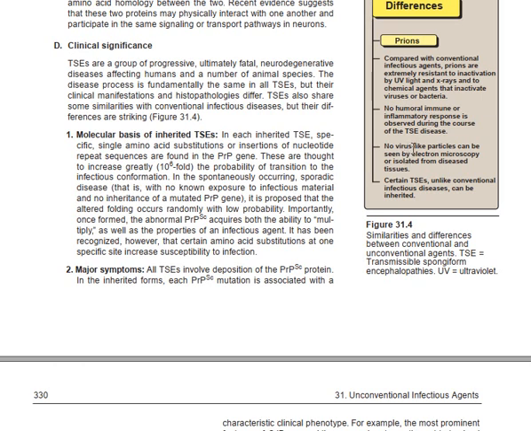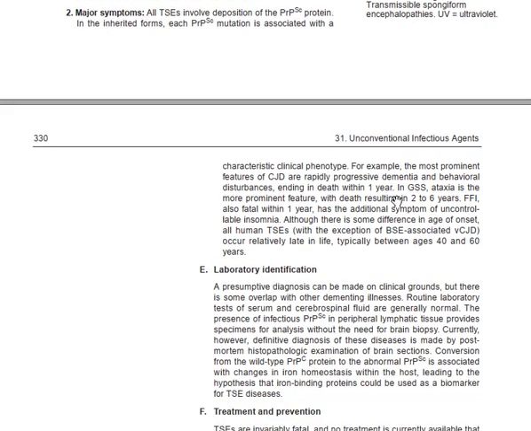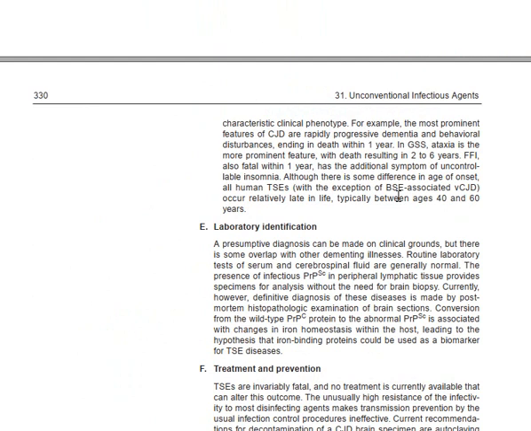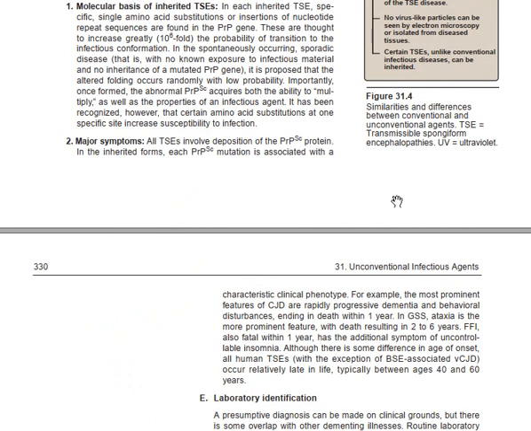No virus-like particles can be seen by electron microscopy in isolated tissue to visualize prions, and unlike conventional infectious diseases, prion diseases can be inherited. Is it clear? So those are the different diseases that were visualized among other unconventional infectious agents.